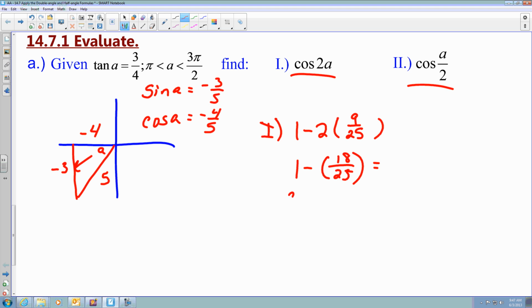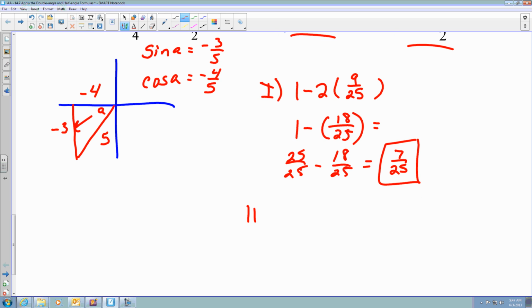If I have this as 25 over 25 minus 18 over 25, this is going to equal 7 over 25. And it will work for any form of cosine of 2a.